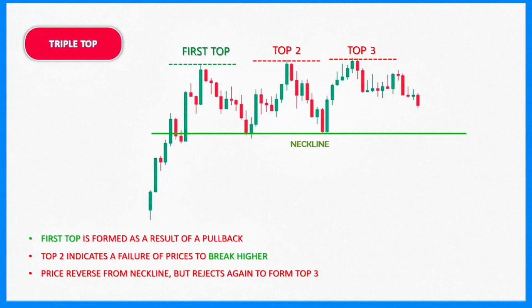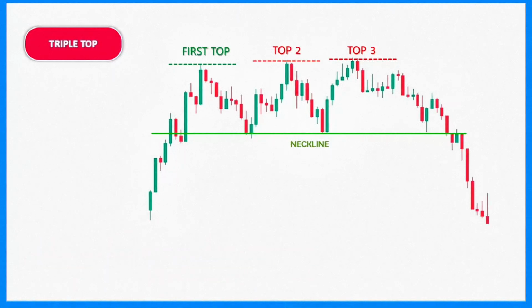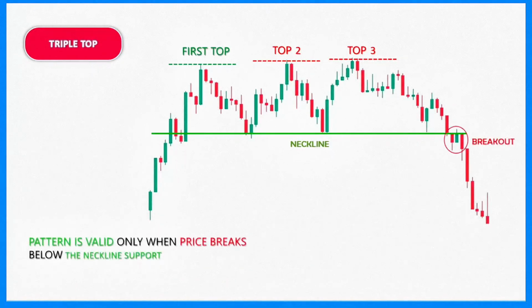But this time too, buyers fail to sustain above that resistance, and price rejects from the same area once again. Now we have three clear rejections from the same resistance zone, and this forms what we call a triple top. The pattern is officially confirmed only when the neckline support, or the low of the consolidation, is broken decisively.